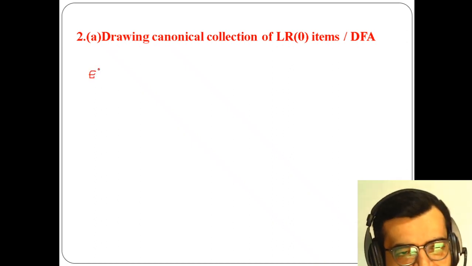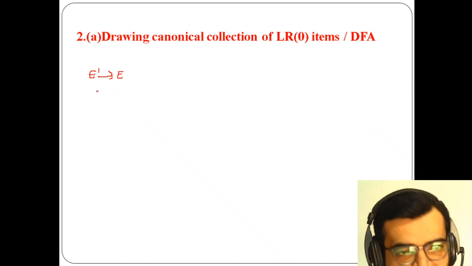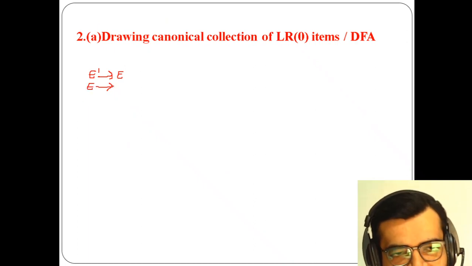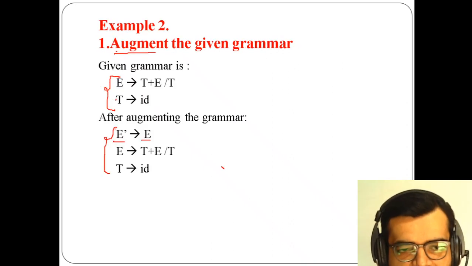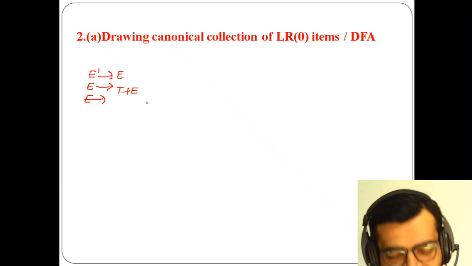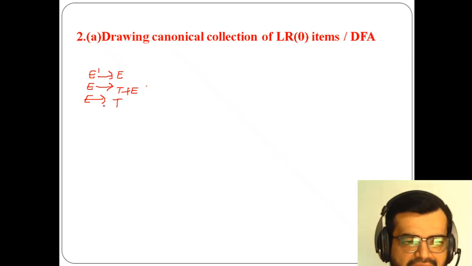E dash goes to E, E goes to T plus E, and E goes to T. You can take this T separately also. Finally, T goes to id.